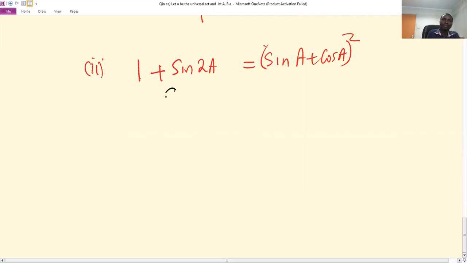So in this case, left-hand side, we have 1 plus sine of 2A.